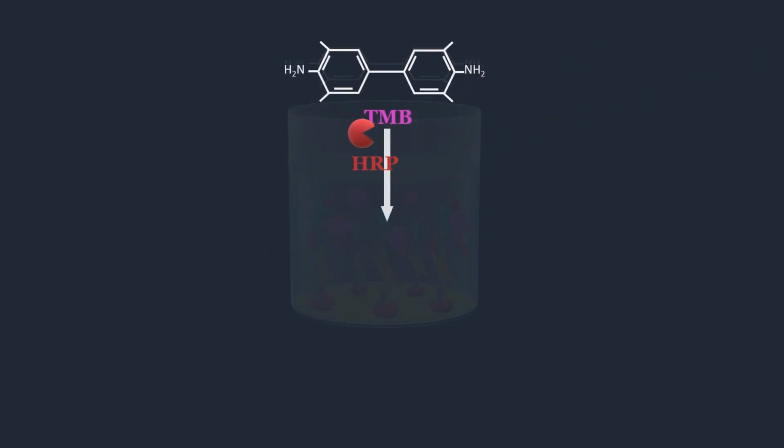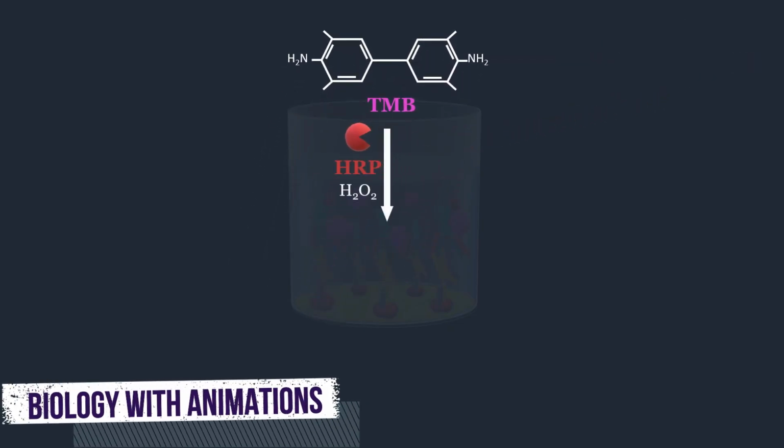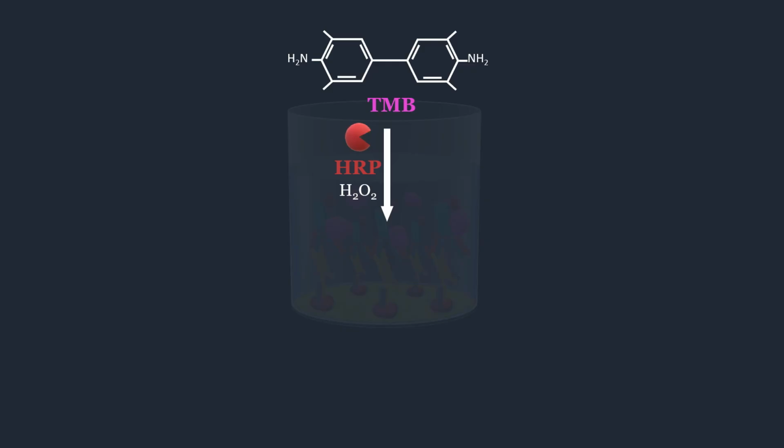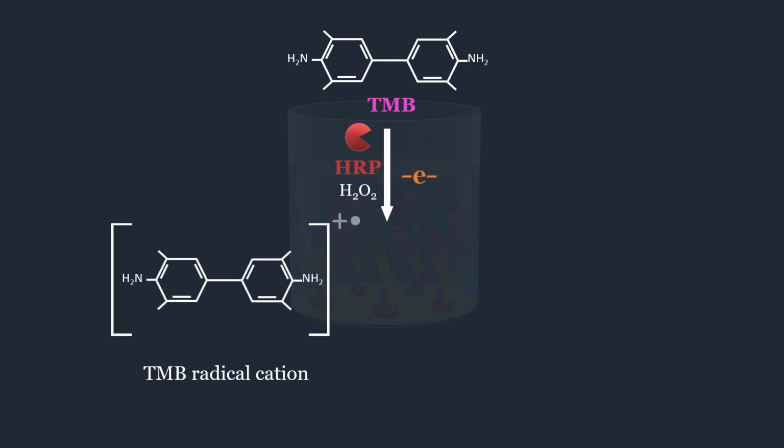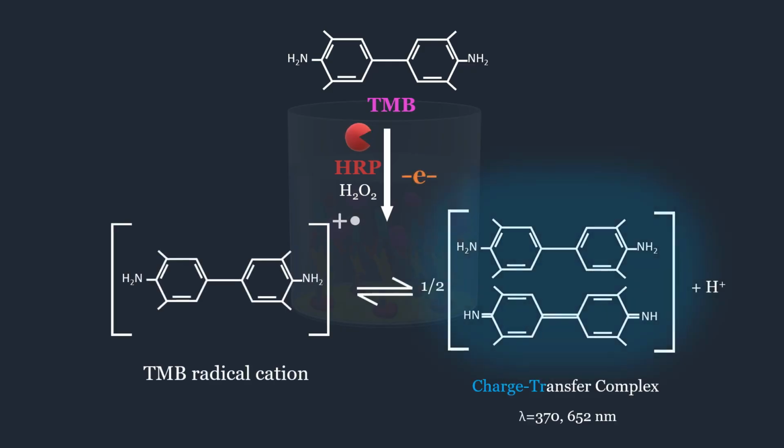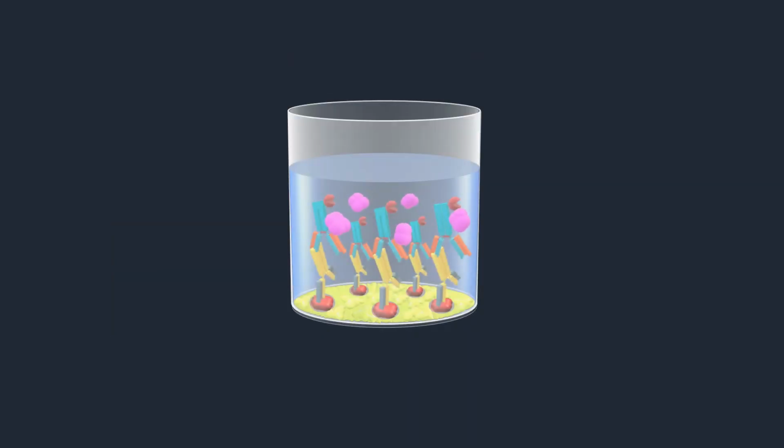In the presence of hydrogen peroxide, HRP enzyme catalyzes the oxidation of TMB, resulting in the formation of two intermediate oxidation state products. One product is a colorless TMB cation radical, which is in equilibrium with a blue-green colored charge transfer complex, CTC. When antibodies are present, a color change occurs, and the wells exhibit a blue color.